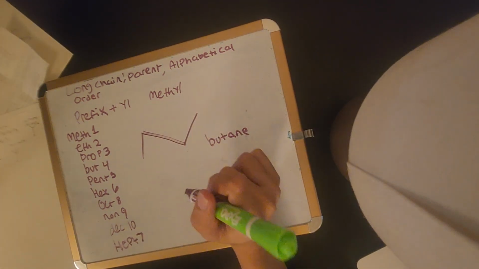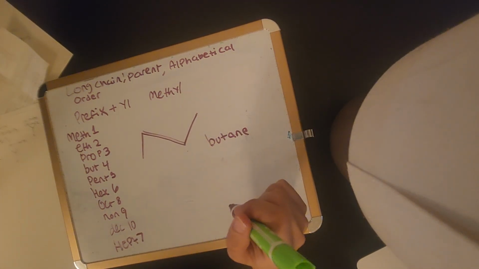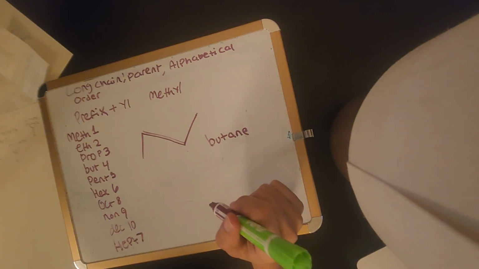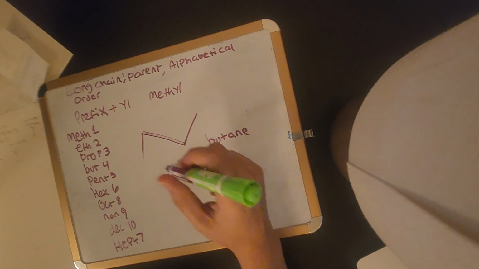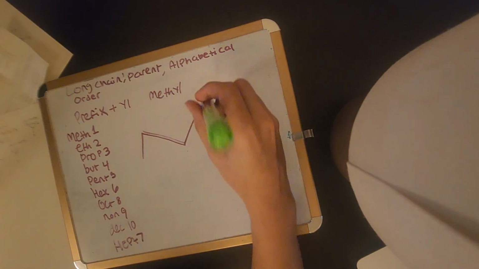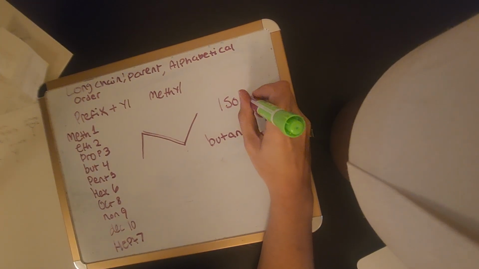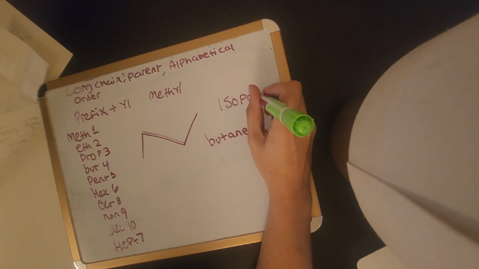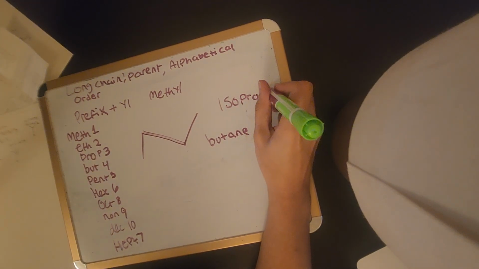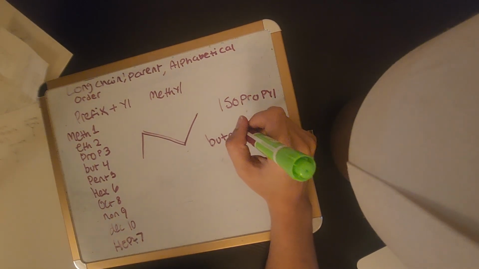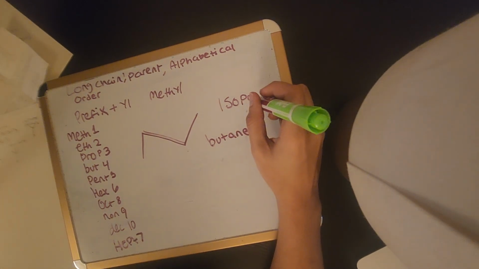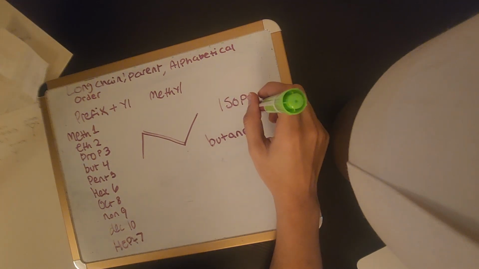Okay, for your convenience, I've drawn butane, and we're going to go over a few extra characters. So here we're going to add this thing called the isopropyl. An isopropyl is a propyl that has a different shape to it.